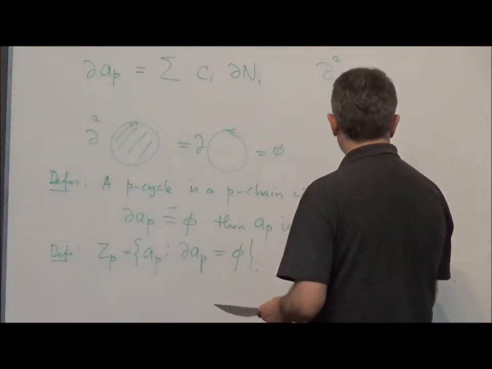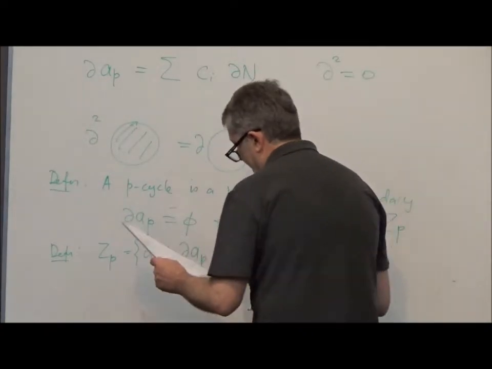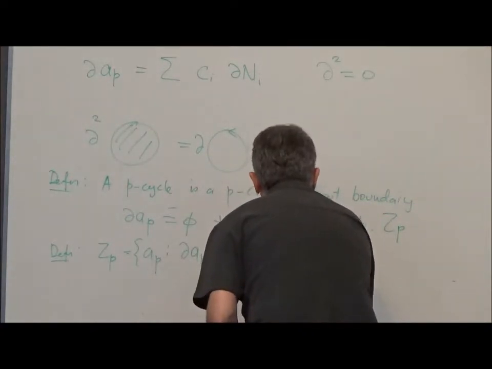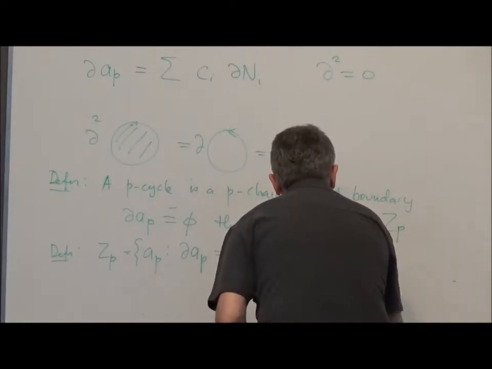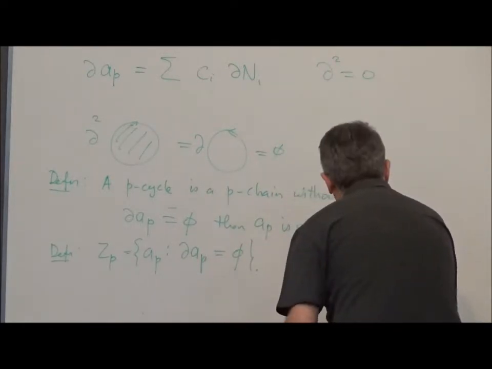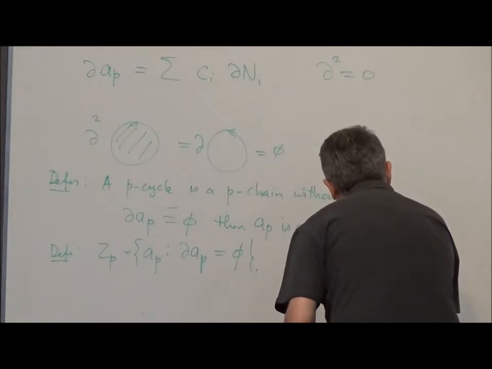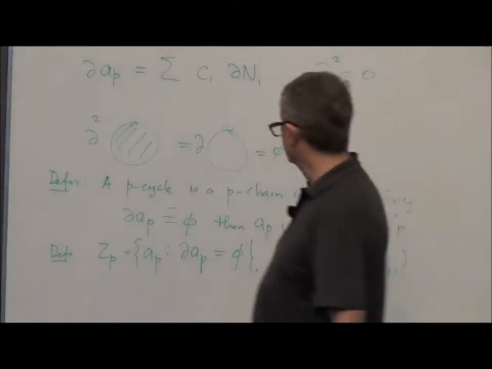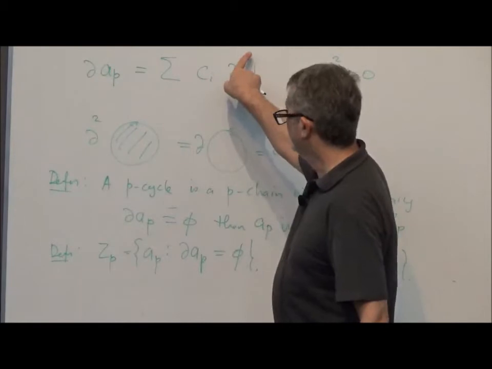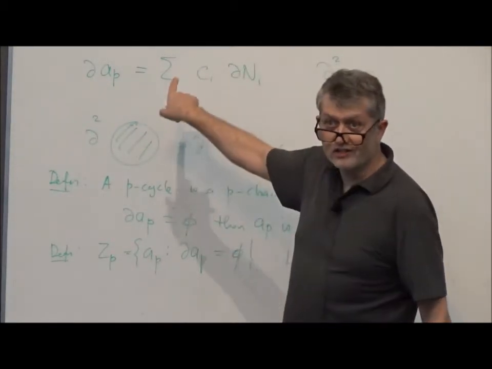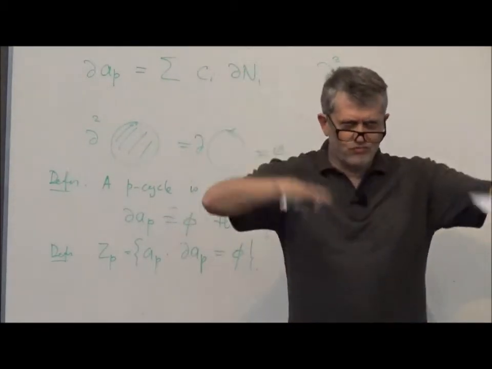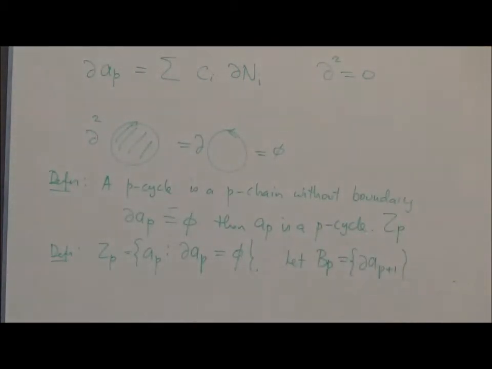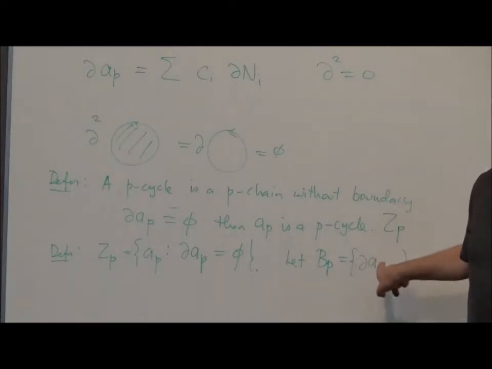And B_P, not the petrol company, is the boundary of a P+1 chain. Clearly, if I take a P+1 chain and take the boundary, what I end up with is a P-chain, because I drop a dimension. And clearly, if I take the boundary of the boundary, I get 0, so this is an interesting object.